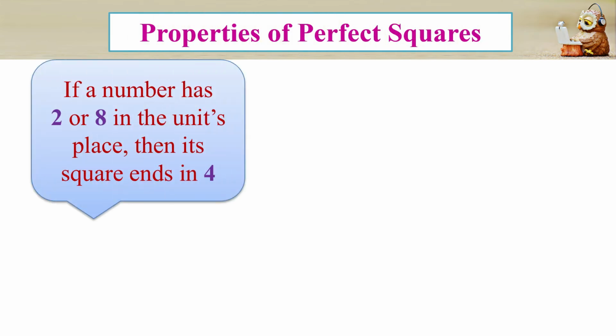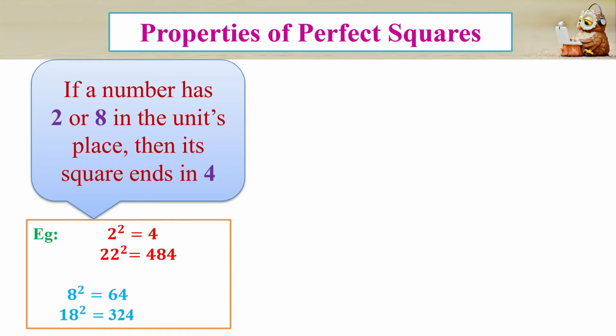Next property. If a number has 2 or 8 in the units place, then its square ends in 4. For example, 2 square is equal to 4, 22 square is equal to 484, 8 square is equal to 64, 18 square is equal to 324.